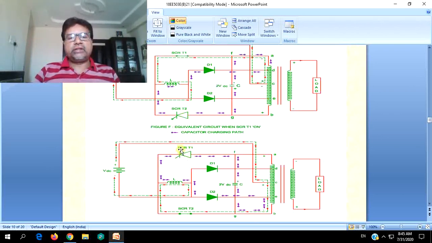When T1 is turned on at its next turn-on instant, this capacitor, which is holding the charge like this, now discharges via T1 in reverse to T2. That is, the capacitor discharges C, F, T1, T2, G and back. So a reverse biased voltage will be applied across T2 and it turns off.